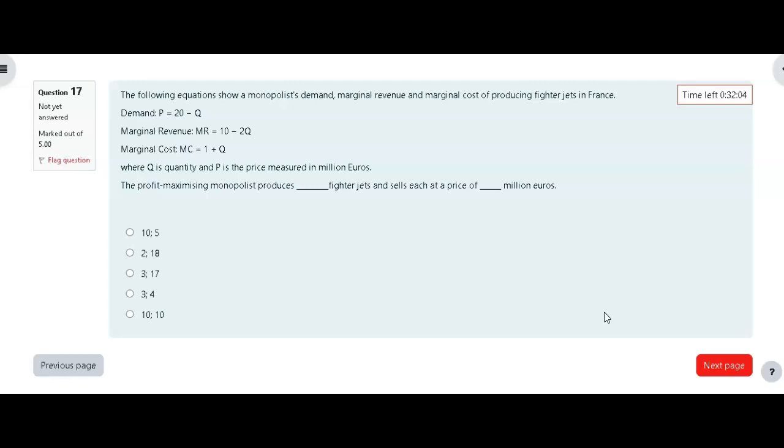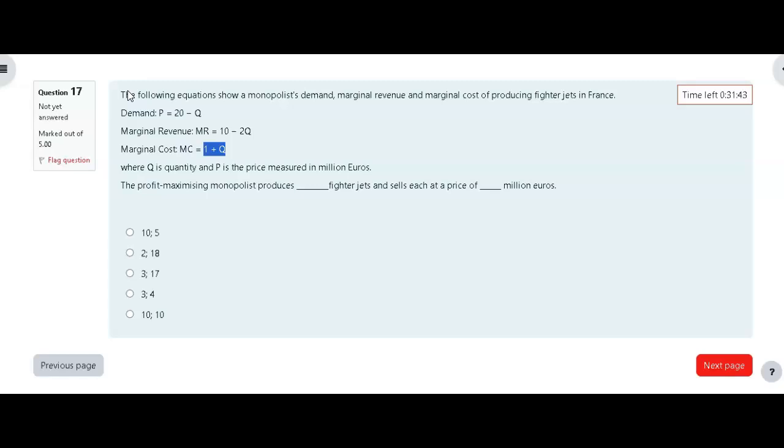Okay, so profit maximization. Similarly to how we looked at the last question, you do the same over here, right? You want to know where the marginal cost is equal to marginal revenue. So make 10 minus 2q equal to 1 plus q, because you want to find what the q is, the intersection.